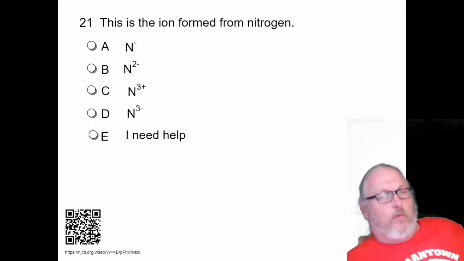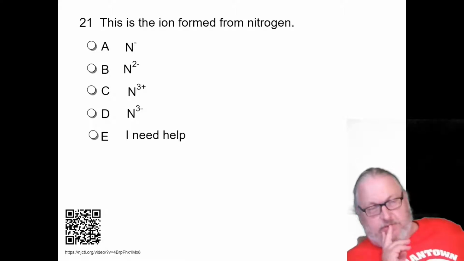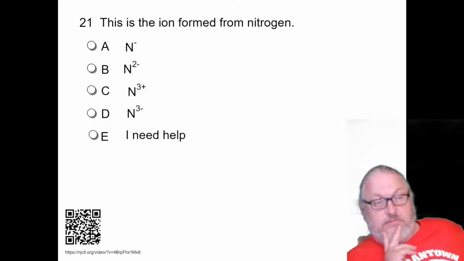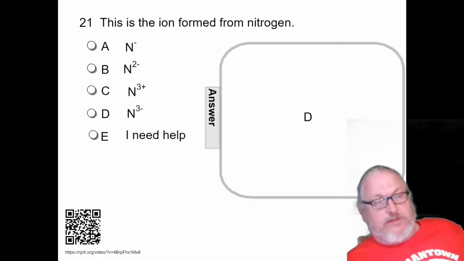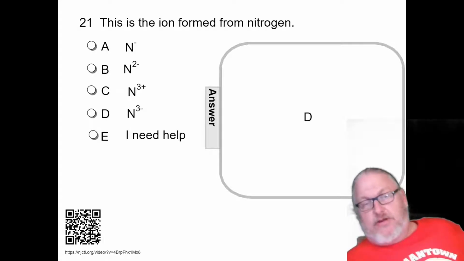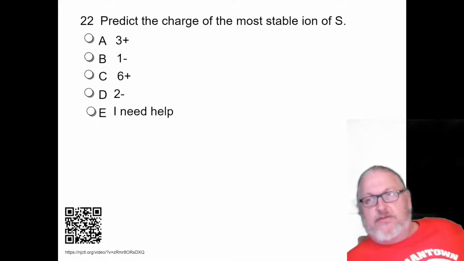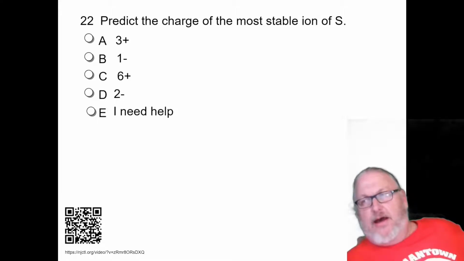This ion formed from nitrogen. Nitrogen, let's see, that's group, what, 15? So is it going to lose or gain electrons? Take a moment, and of course the answer is D, nitride, 3 minus anion. Predict the most stable ion of sulfur.